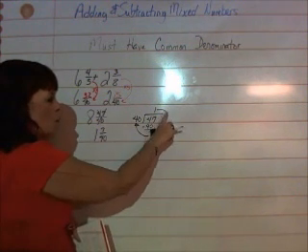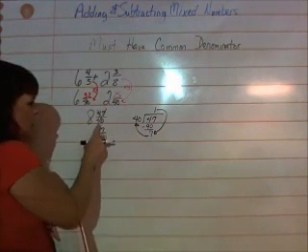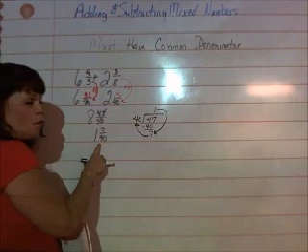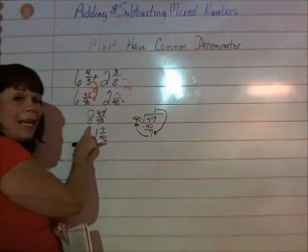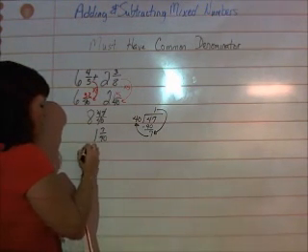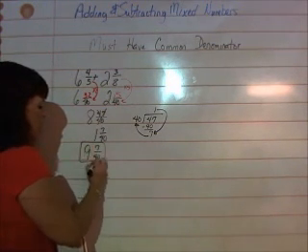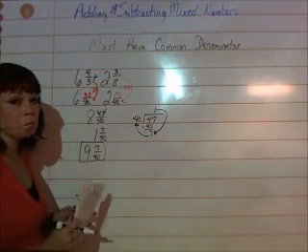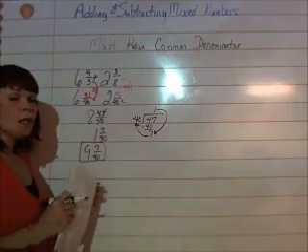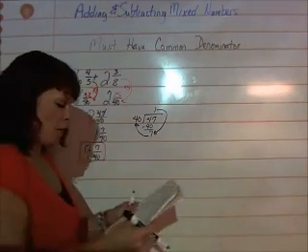Think of a clock, 1 7/40. So that fraction turned into 1 7/40, plus the 8 that you had. So now I have a total of 9 7/40.